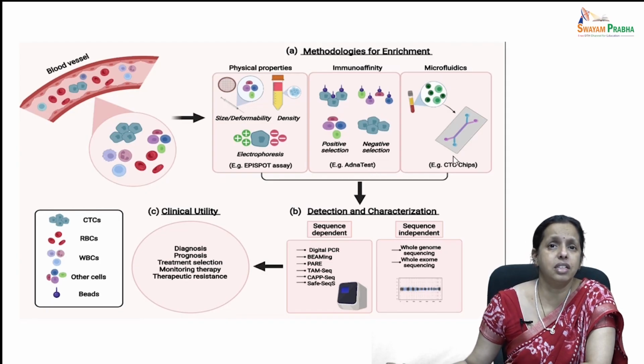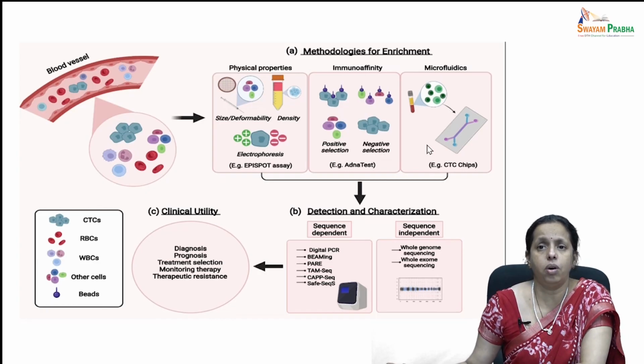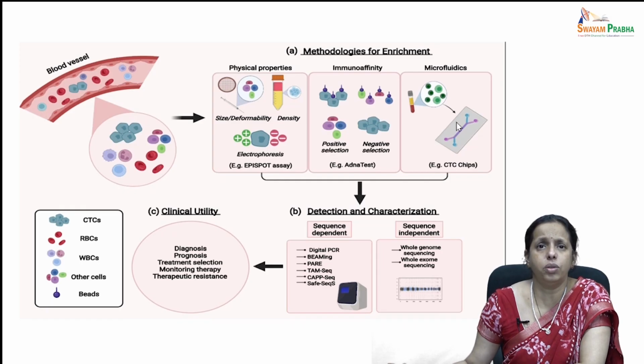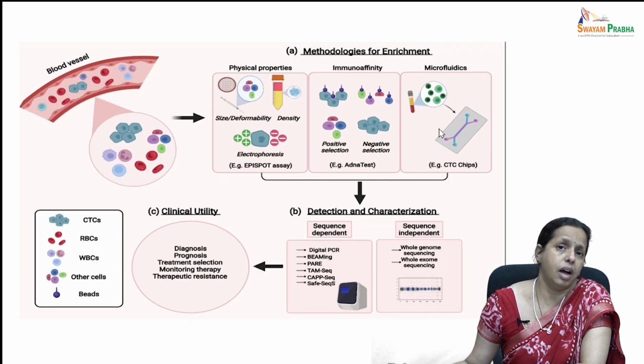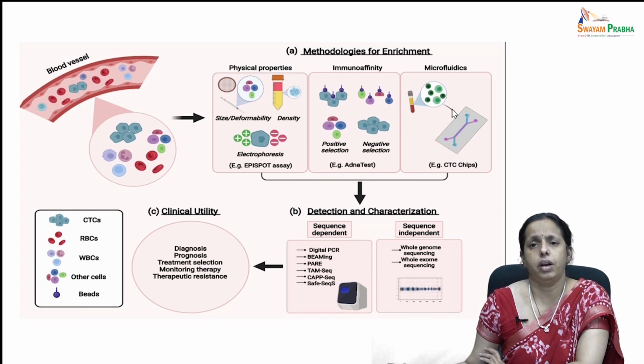And a very fantastic tool, microfluidics, which is really emerging now, can assist; you can use it to filter out your CTCs from the rest of the sample, like your plasma and your serum.